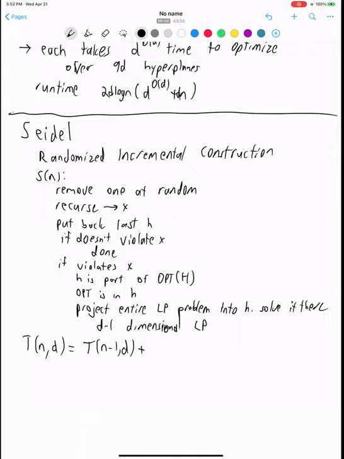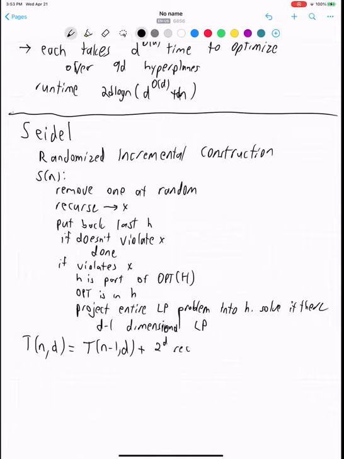Well, I might have to recurse a second time in D-1 dimensions, right? But how likely is that? Probably D over n or something. Why is it D over n? Because there are at most D hyperplanes H that are in the optimum.